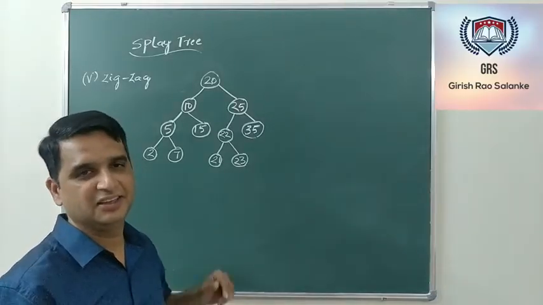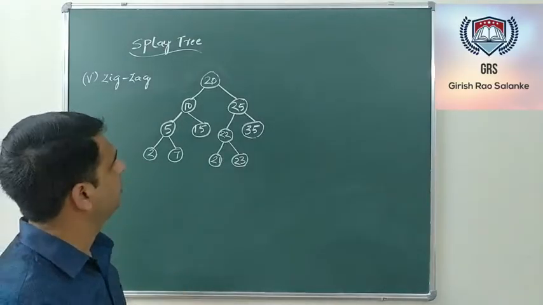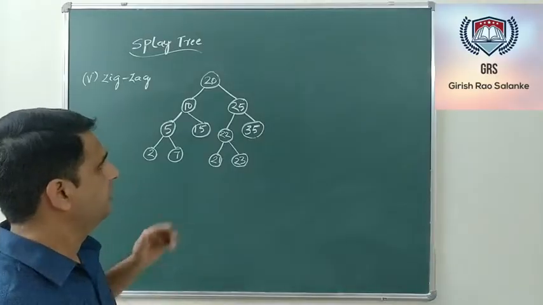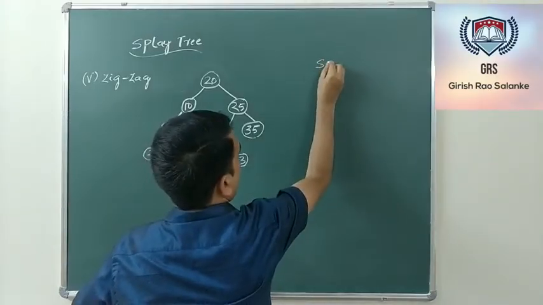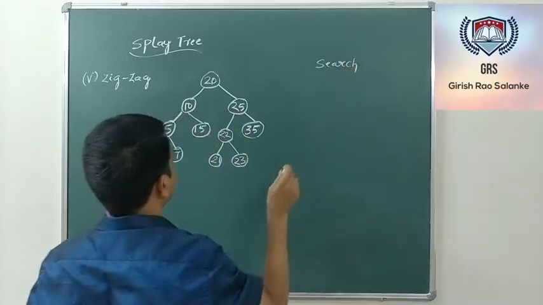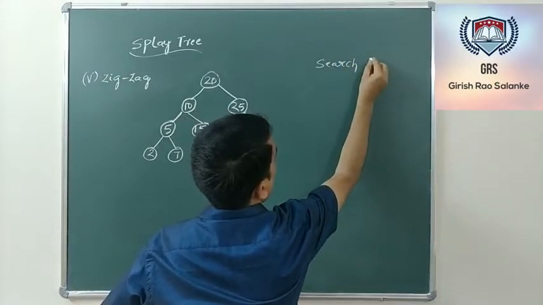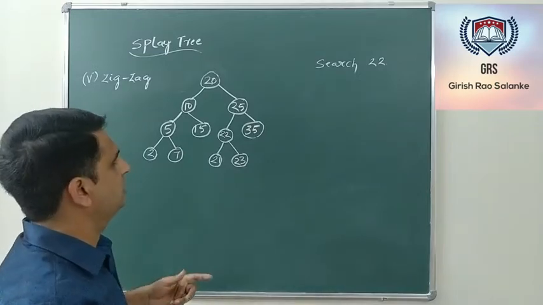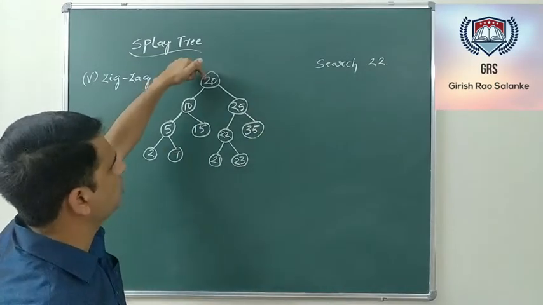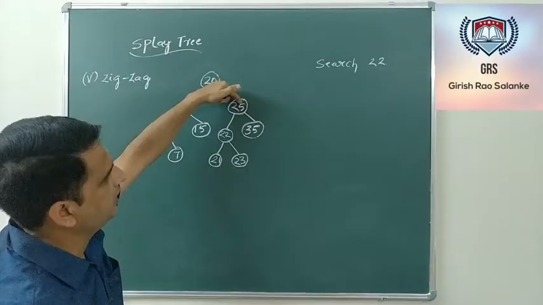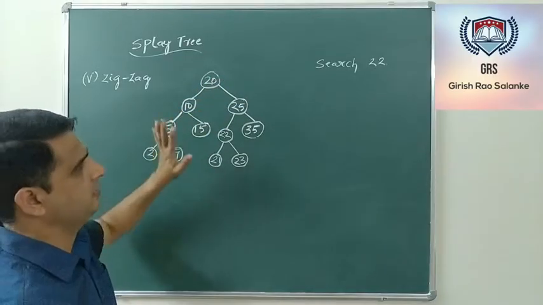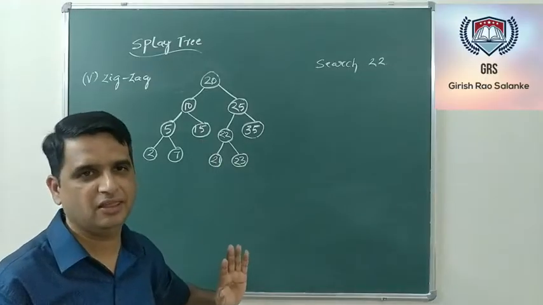Let us take this particular example to understand how exactly the zig-zag operation works. Let me consider that my objective is to search 22 in this binary search tree. Now, how to search 22? Compare 22 with the root node, it is greater. Compare 22 with 25, it is less. Compare 22 with 22, it matches. Now the search operation is done.